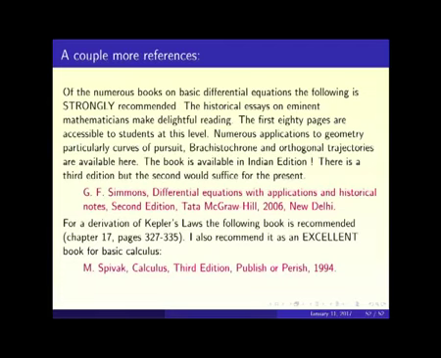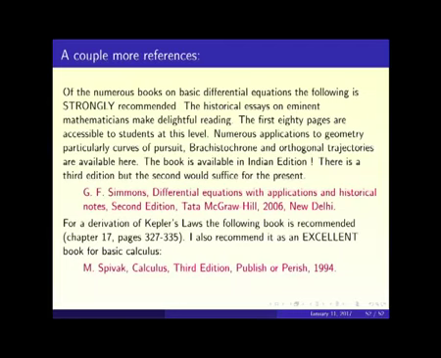It is delightful reading. The historical essays on eminent mathematicians make delightful reading. The first 80 pages are accessible to you. Numerous applications with geometry, curves of pursuit, the Brachistochrone problem, and orthogonal trajectories are available. The book is available in an Indian edition.